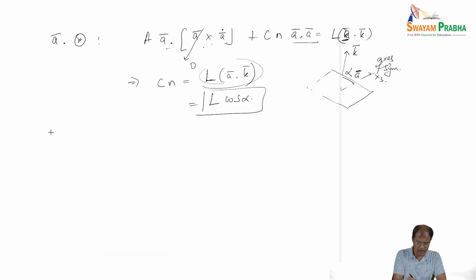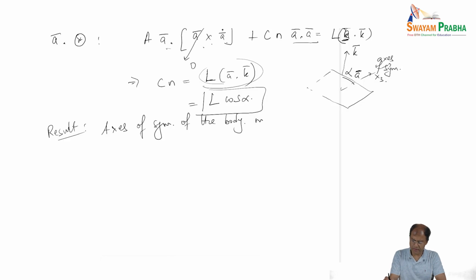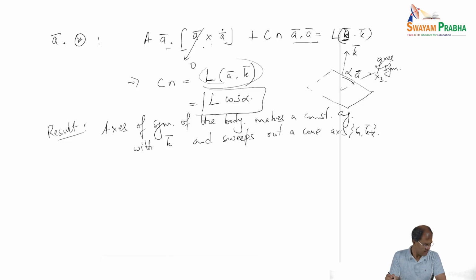So the result is that if the axis of symmetry of the body makes a constant angle with K, it sweeps out a cone around the axis G comma K.